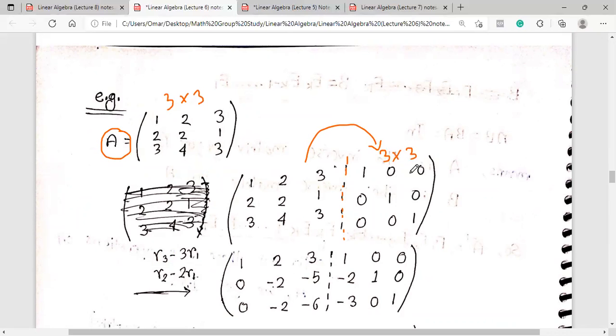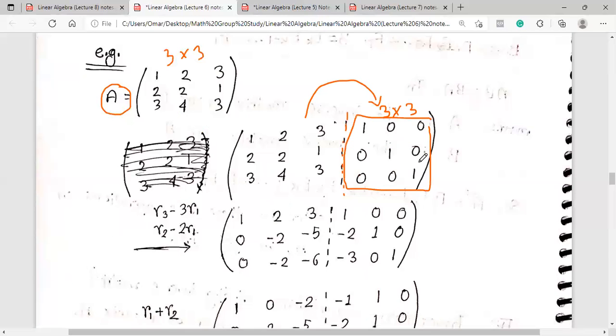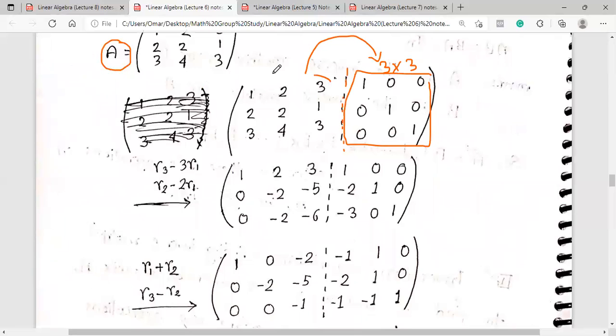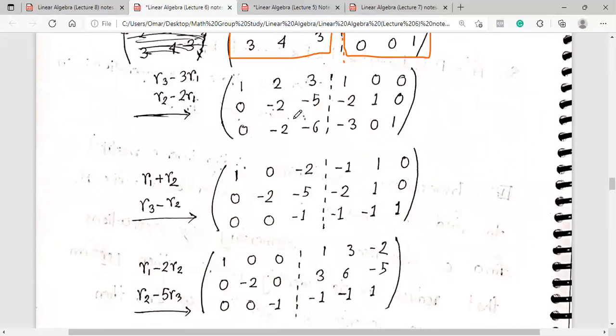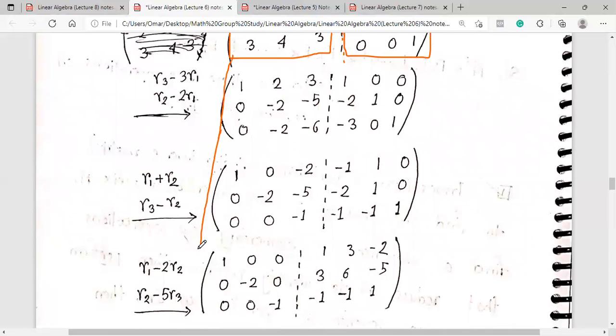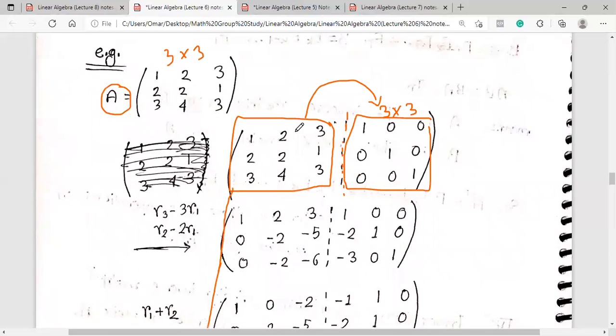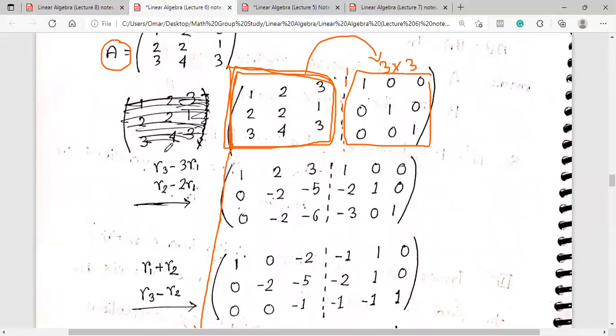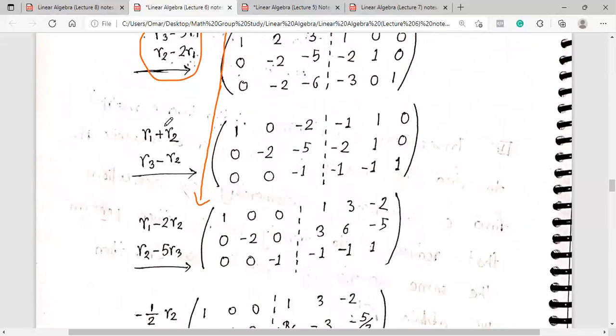And then we have to convert this matrix to an identity matrix. So we need to do some row operations, the same way we did before, like making this matrix into RREF, or reduced row echelon form. So we have done this operation.